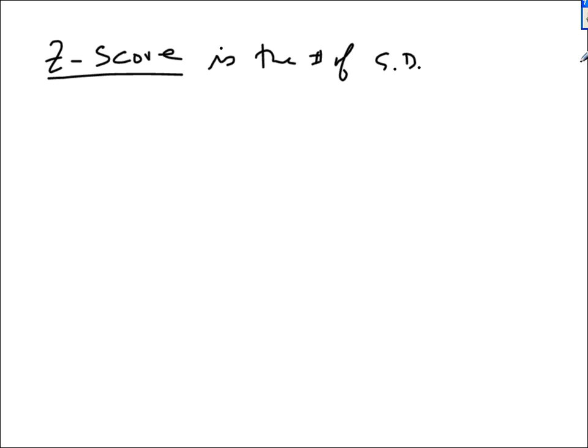Now, the next and last thing I'm going to talk about is the z-score. The z-score is the number of standard deviations a data point, which is called x, is from the mean.